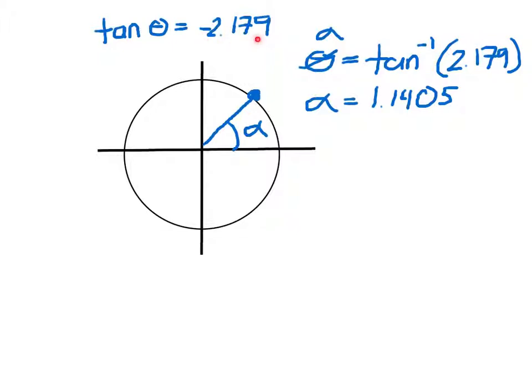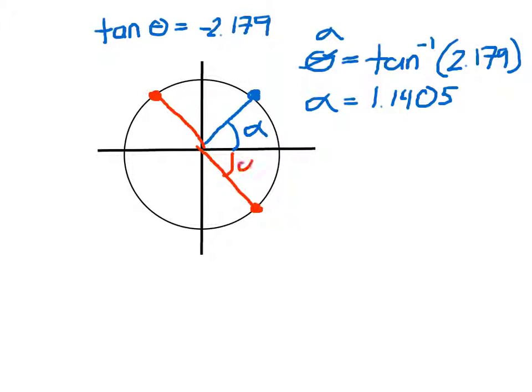Now because I'm dealing with the tangent, or the ratio I'm given for tangent is negative, my answers are actually going to be in the second and fourth quadrants. That's because tangent is negative in the second and fourth quadrants. So I need to set up my unit circle and to find the other 2 points, or my two answers, using symmetry.